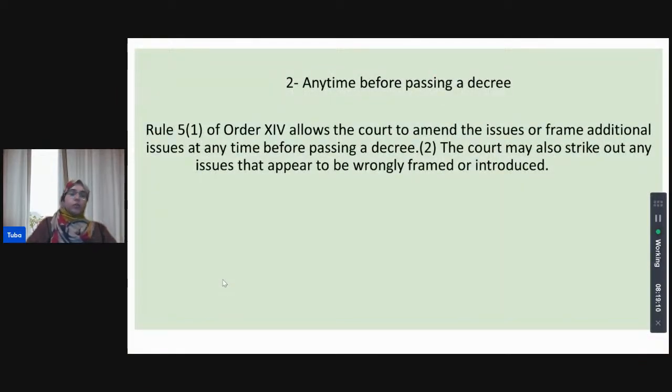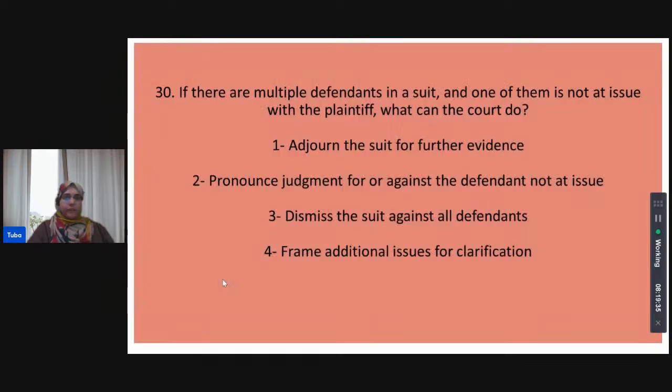So not 4, but option number 2. We go to Rule 5.1 of Order 14 for this, allowing the court to amend the issues or frame additional issues, but it must be done at any time before passing the decree. And apart from this, the court can also strike out issues that existed up until that point. So it can amend, frame newer ones, or strike out ones that exist already.